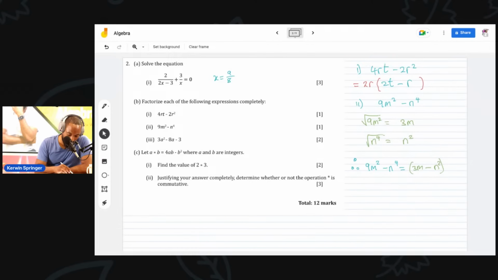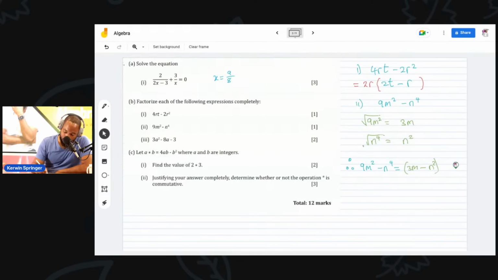Let me pull this back a little bit and make a little space. All right, so now we have 3m plus n squared. Yeah, we good there.